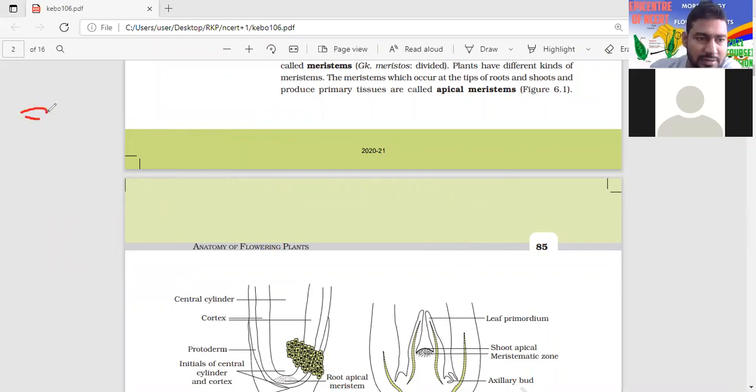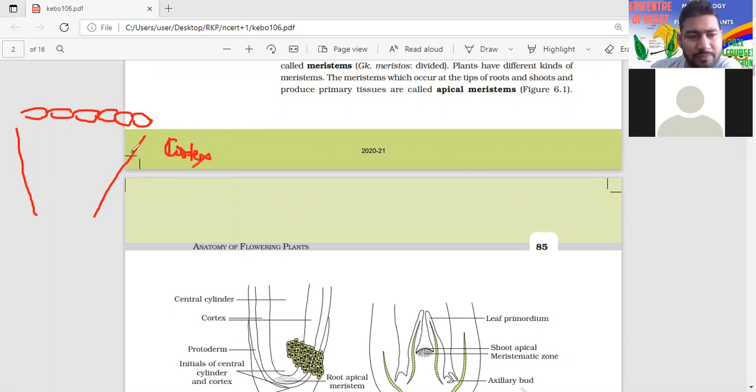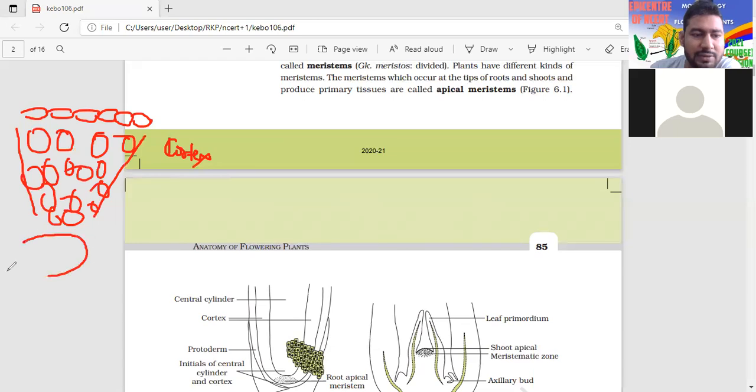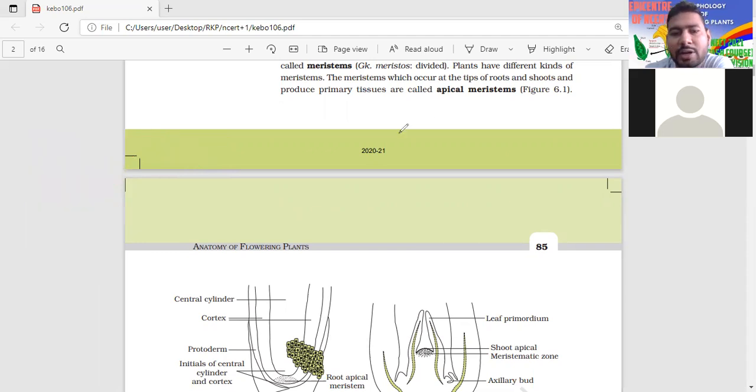Suppose this is the epidermis. After epidermis, what will come? This structure is known as the hypodermis, and this region is called the cortex. So the maximum portion is generally occupied by the cortex. After that, the vascular bundle will come. In this way, the maximum portion of plant anatomy is occupied by the simple permanent tissue.